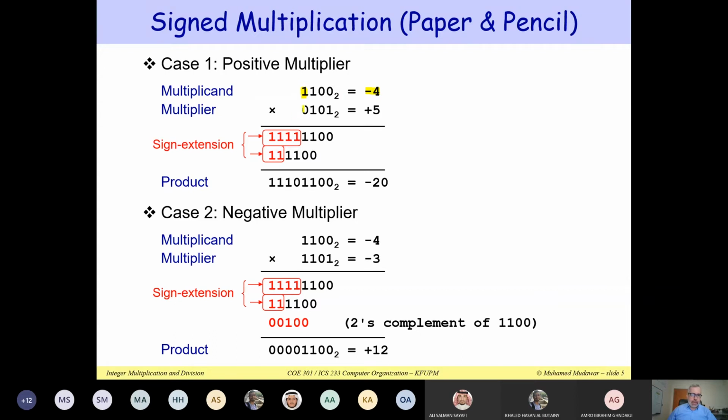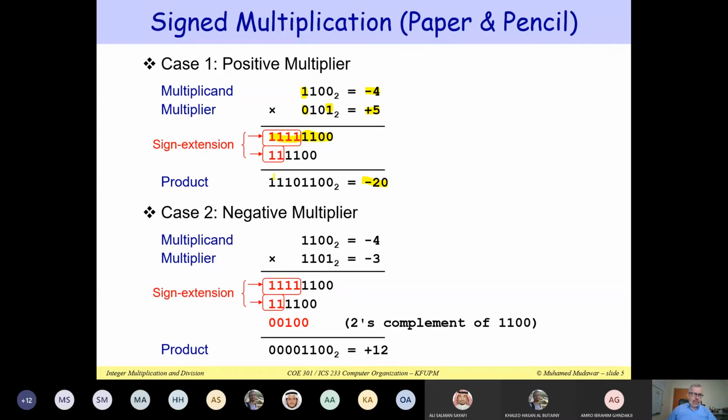Now this is positive. You can see it's 0 here, and this is +5. So when you multiply -4 by +5, you expect the product to be -20. So let us multiply. I'm going to multiply this one of the multiplier by 1100. But the idea is I have to do sign extension because the number is signed.